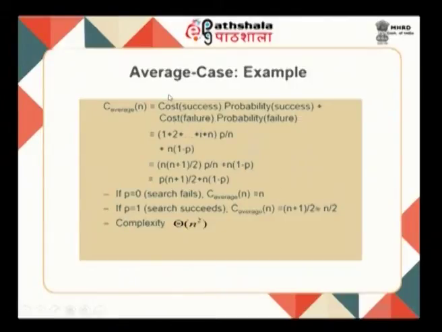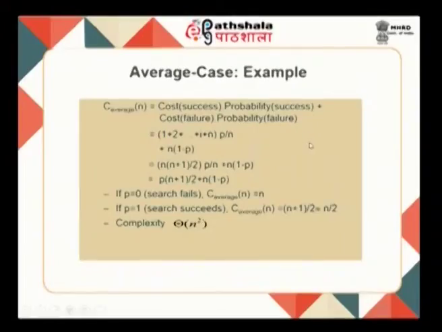Fine. What about the average case? As I said earlier, the worst and best case do not accurately reflect the scenario. On the other hand, we have to find the average case. Finding the average case is not an easy task, because we have to do a lot of homework.